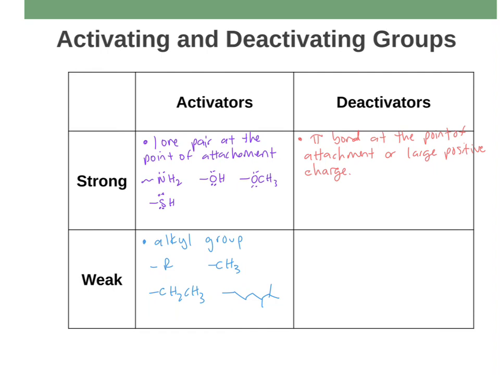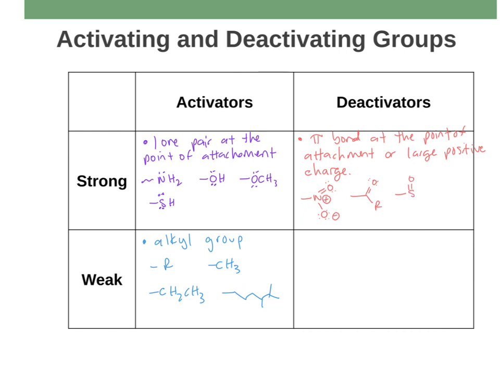Examples would be a nitro group, which is a really strong deactivator because it has a positive nitrogen right there at the point of attachment, plus it has a pi bond. I just showed you an example of a carbonyl, whatever your carbonyl is: aldehyde, ketone, ester, amide, whatever.